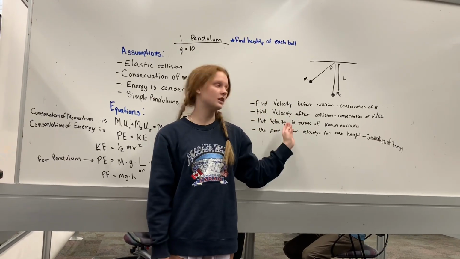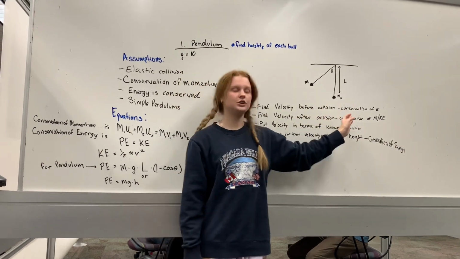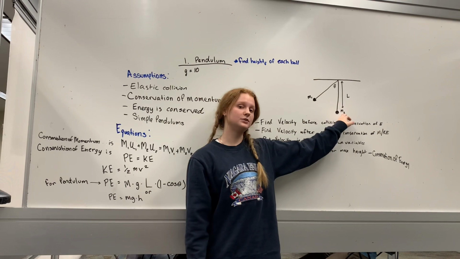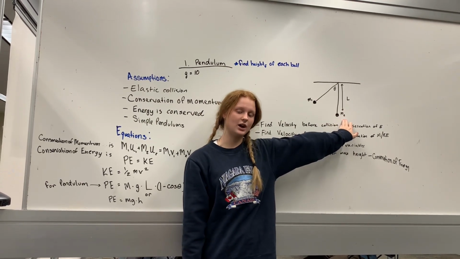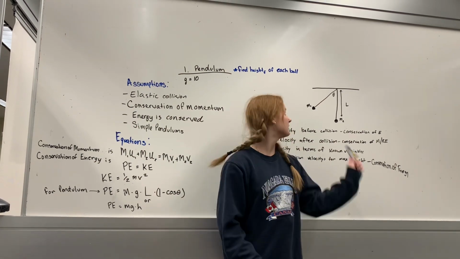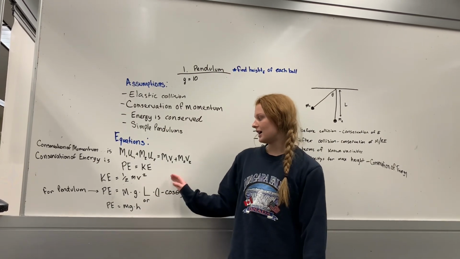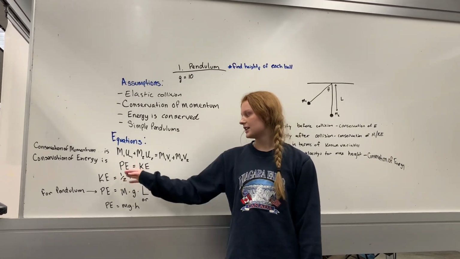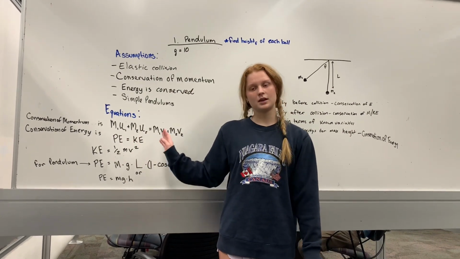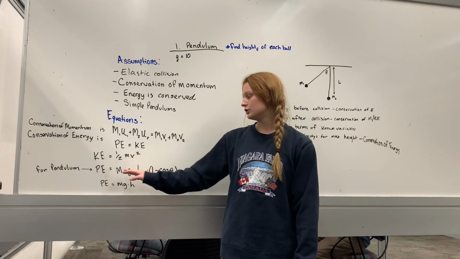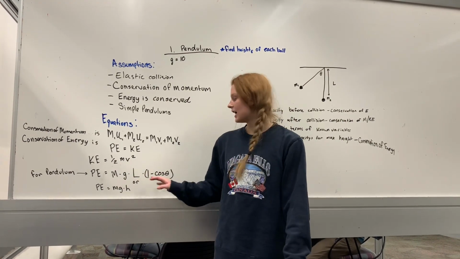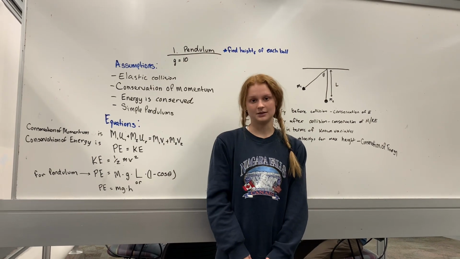First, we'll find the velocity before the collision using conservation of energy. We know that the velocity of m2 before the collision is going to be 0 as it's at rest. However, we do need to find the velocity of m1 by using kinetic energy equals potential energy. We will set 1/2 m v squared equal to mass times gravity times length of the string times 1 minus cosine theta.